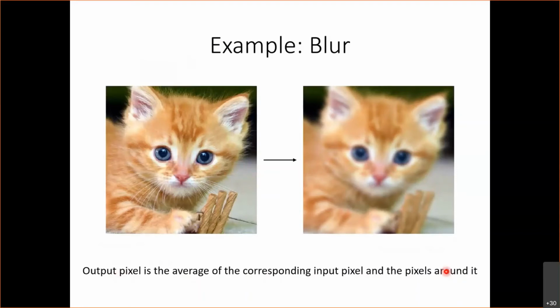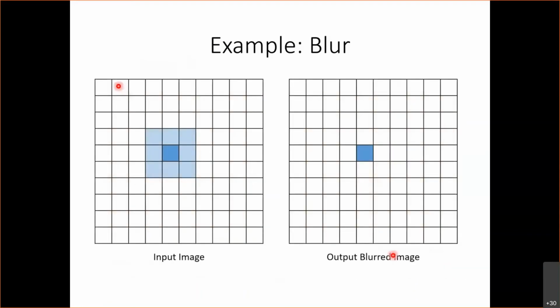So if this two-dimensional array was my image, and this was my output image, then this pixel in the output image is going to be the average of this pixel in the input image and the pixels around it.